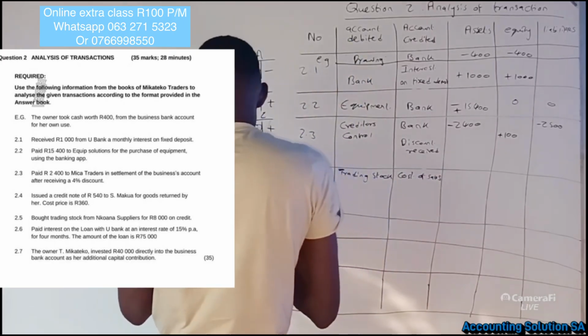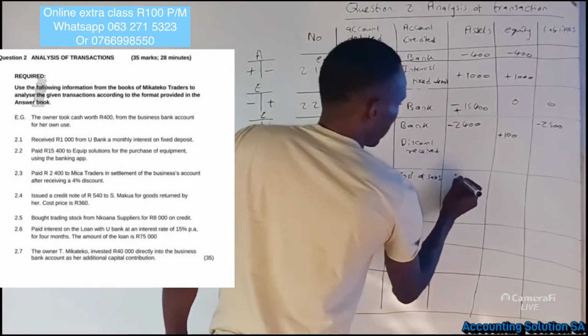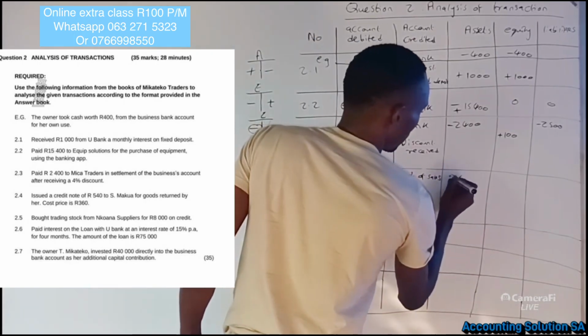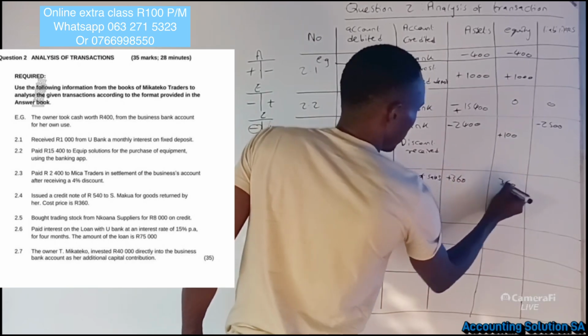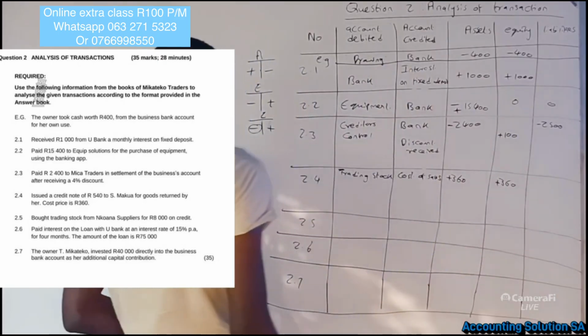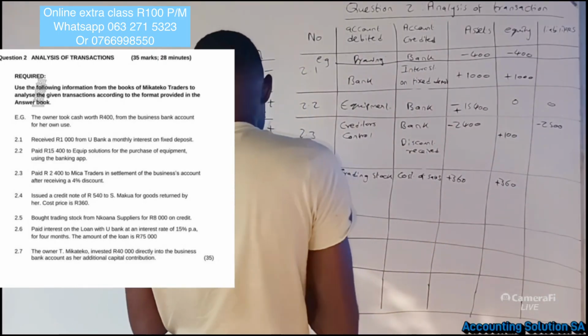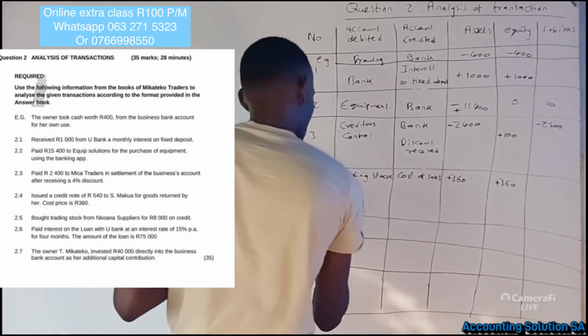Okay, and the cost of sales amount they said is how much? It's 360. It's going to be 360, and 360. It's going to be a plus because the cost of sales is a return in this case. Okay, it's like income.